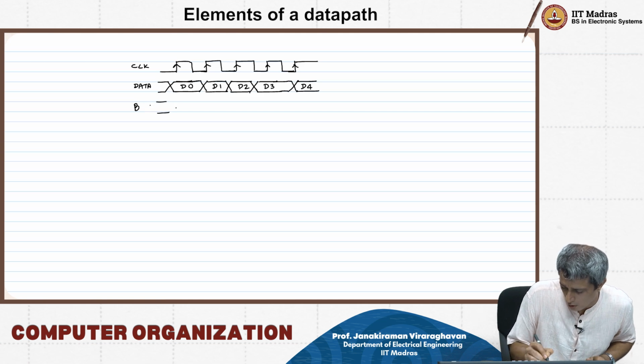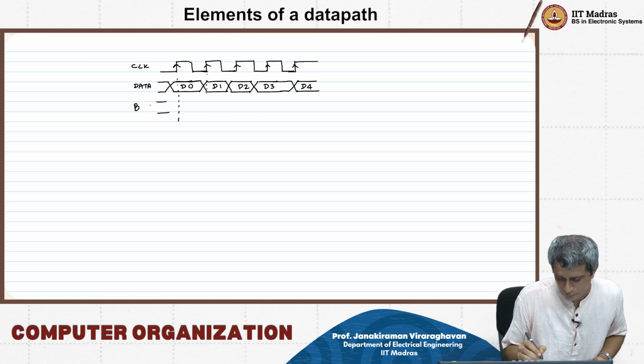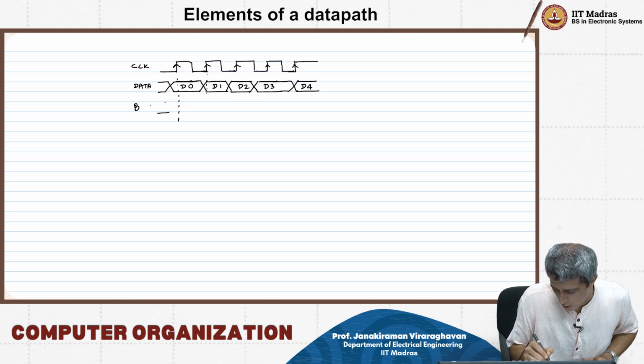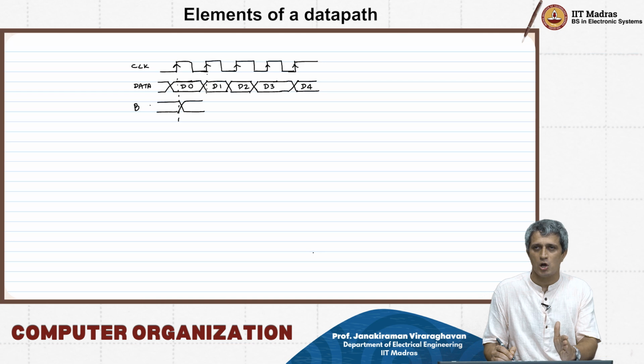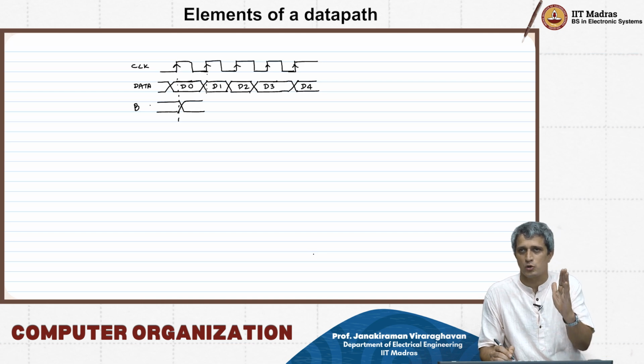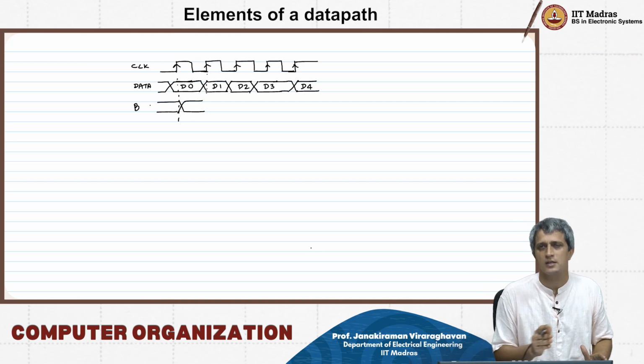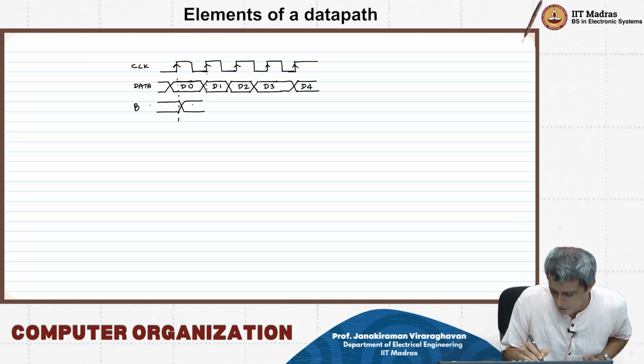And then your B bus, right, 31 colon down to 0, I will not mark that, is going to get this whole thing. So in the previous clock edge the data had stabilized to D0 correctly before the setup time, and on the rising edge it is going to appear in the B bus.